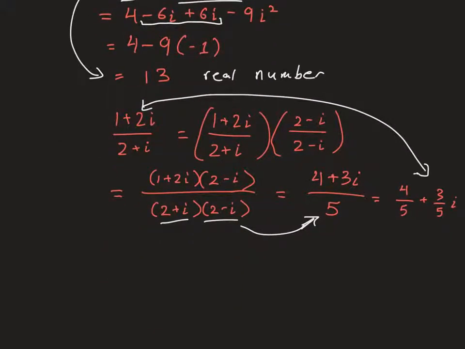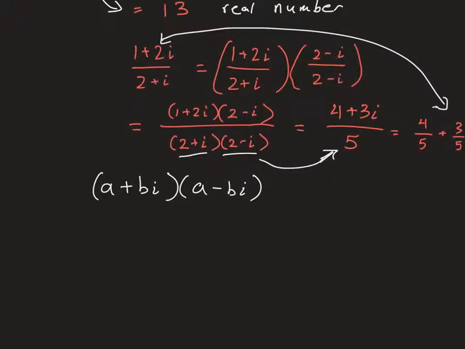So why does it work that whenever you have a number a plus bi and you multiply it by a minus bi, you always get a nice number? So let's FOIL this out. You get a squared minus a times bi, and then you get plus bi times a minus b squared i squared.